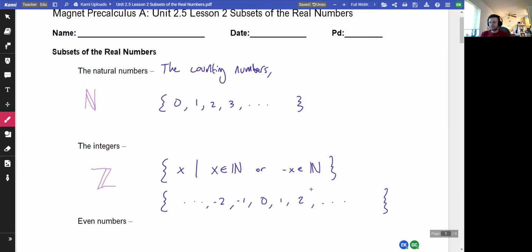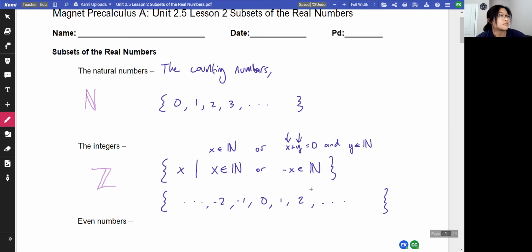Another way I've seen people write this is x is an element of the natural numbers, or x plus y is equal to 0 and y is an element of the natural numbers. Do you know what this is called? It's x and y in relation to each other, the fact that they add to 0. Well, they would be opposites, right?